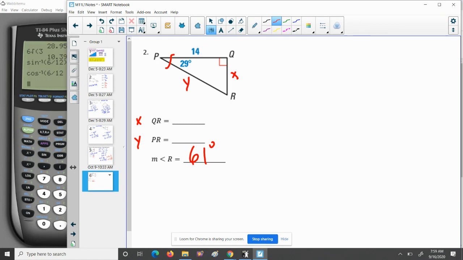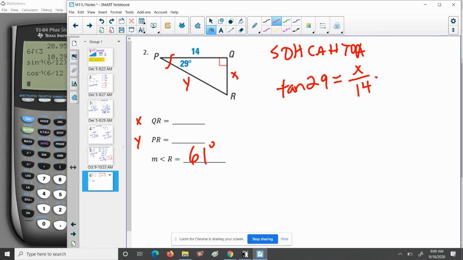So what ratio uses opposite over adjacent? Remember, we can write this out if we need to. Okay, opposite and adjacent is tangent. So we can say tangent of 29 equals opposite X over adjacent 14.